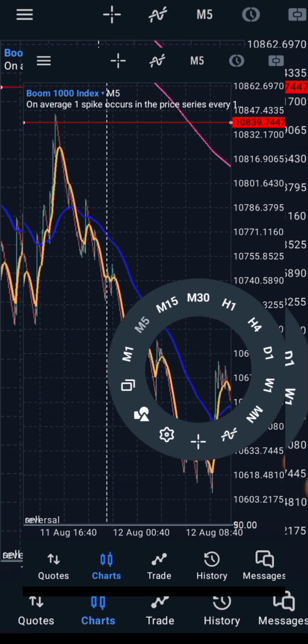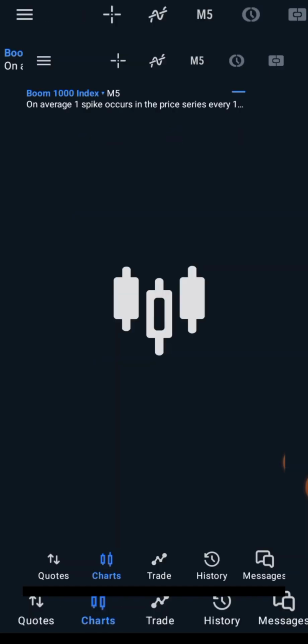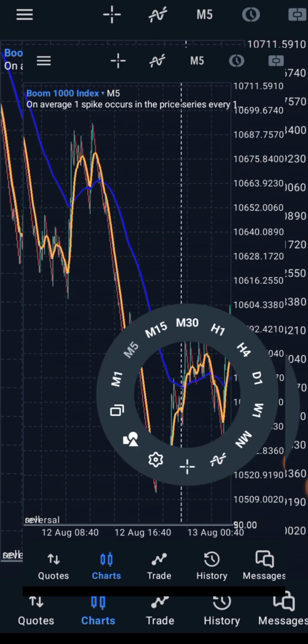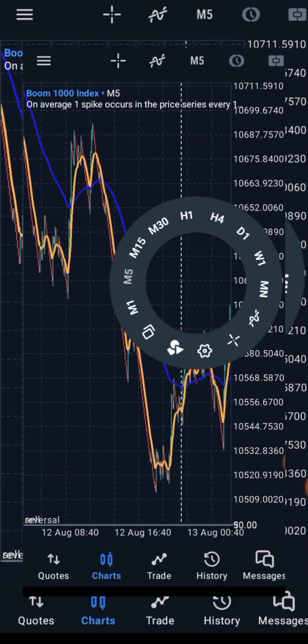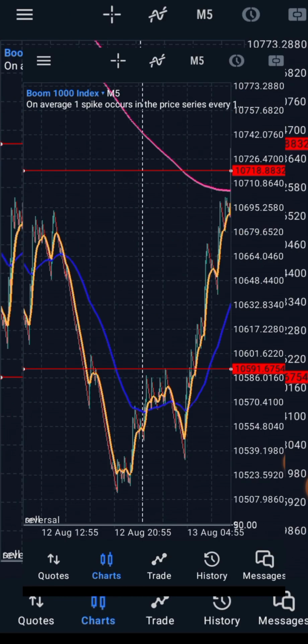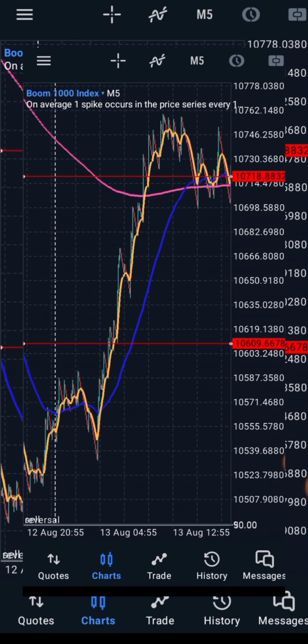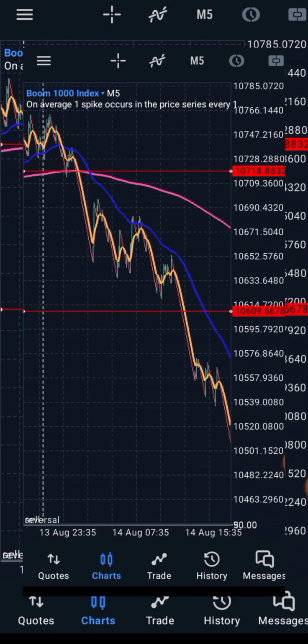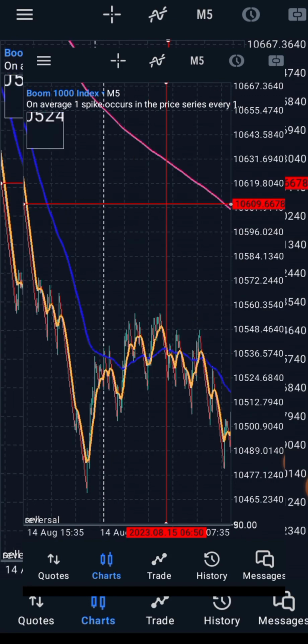Wait again. This was another one. You wait for it. Wait for it. The market didn't get to that zone. There's another one. I wait for it. Wait for this. It didn't get to that zone. It won't happen all the time. See, it didn't get to that zone until the market made a reversal. Now there was another one, which was this.